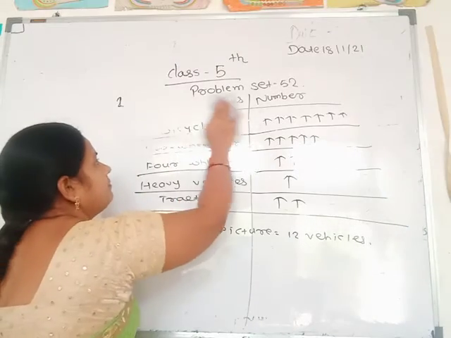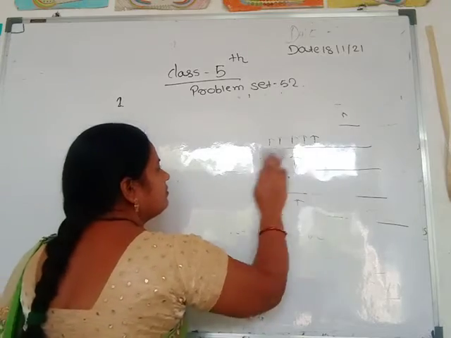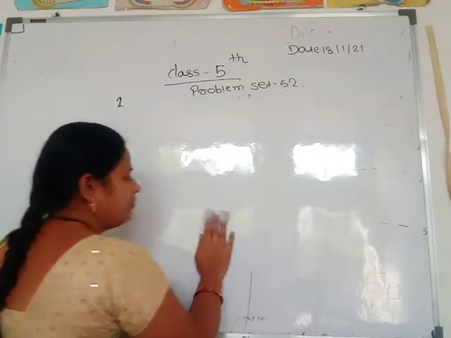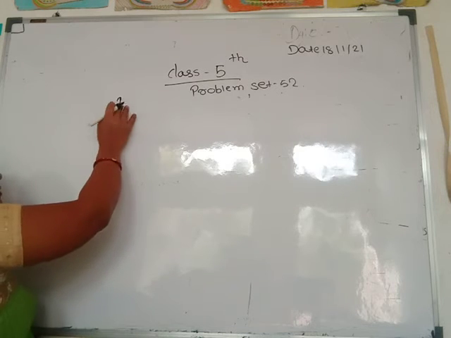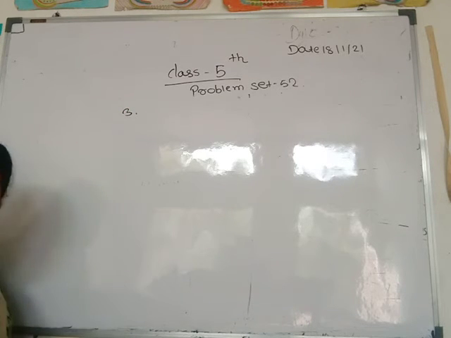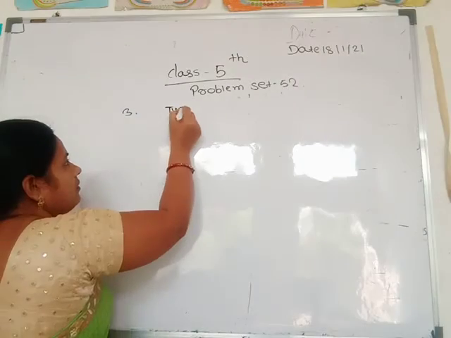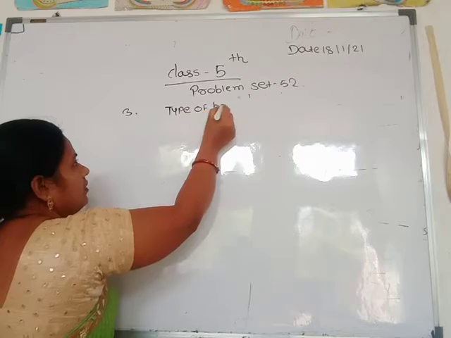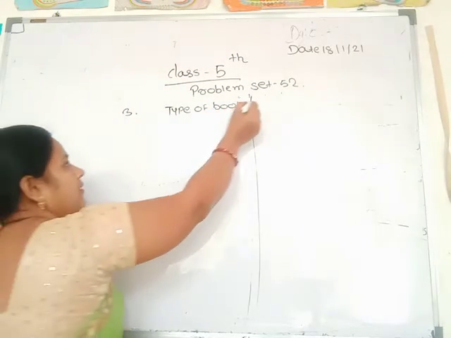Third one. You make here 2 columns, type of book and number.